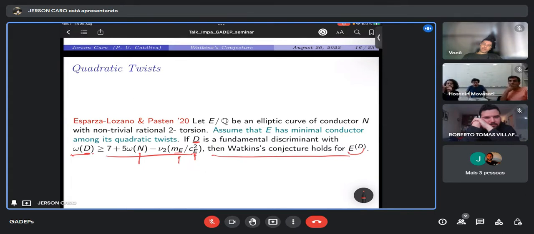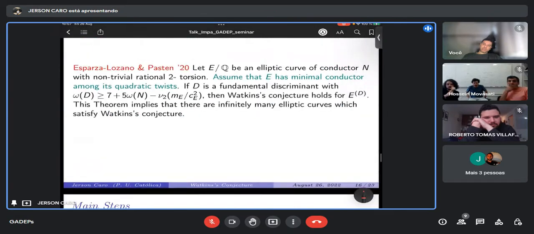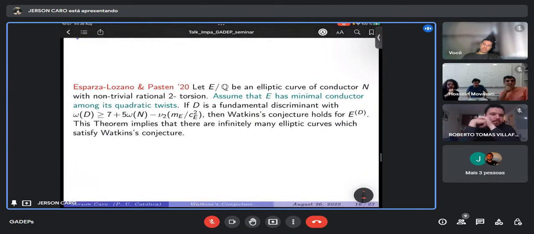And an important corollary of that is that there are infinitely many elliptic curves that satisfy the Watkins conjecture. Because you can start with an elliptic curve, for example, with conductor a power of a prime.